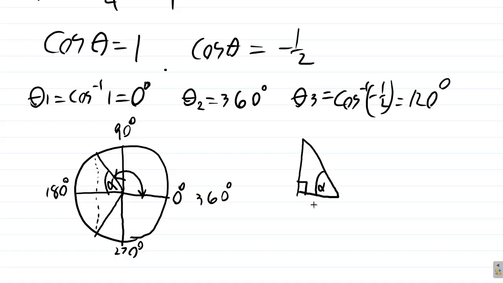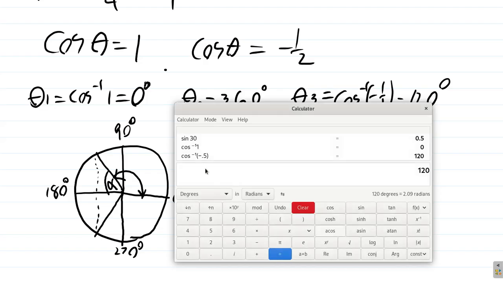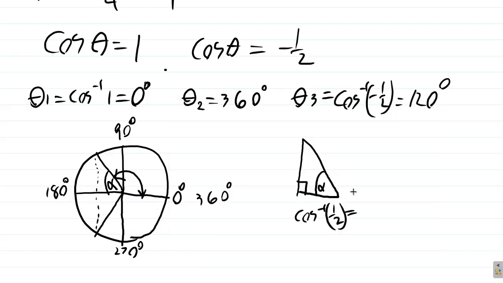Adjacent over hypotenuse is half. So cos inverse of half would be what? If we find the cos inverse of 0.5, let's change this from negative to positive 0.5, and we get 60 degrees. So that little angle in there would be 60 degrees. Now this would also be 60.